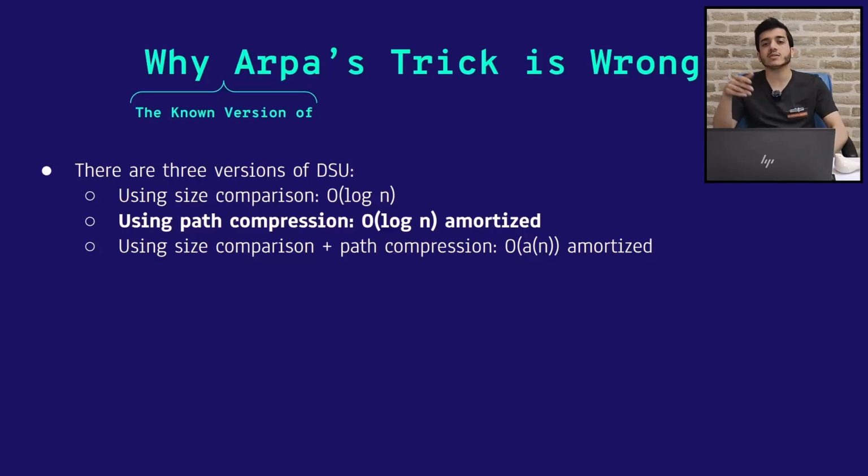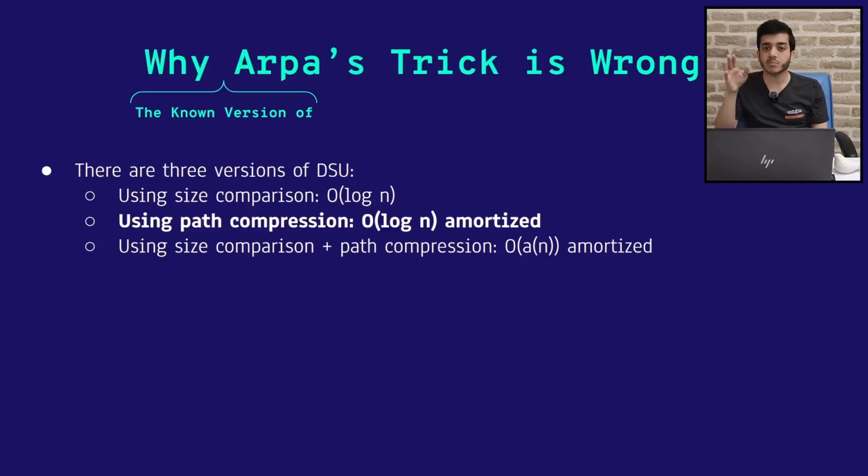Second one is using path compression, which works in O(log n) amortized. The proof for this is not simple, but you can search, and there is an article from Tarjan explaining this. And finally, the most proportional DSU is using size comparison plus path compression, which results in the inverse Ackermann of n, which is very, very small, right?